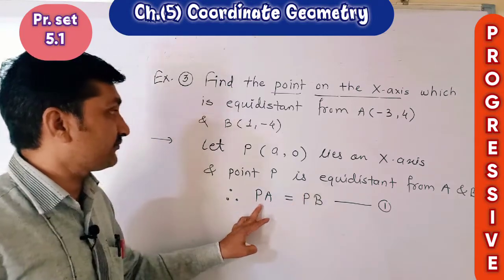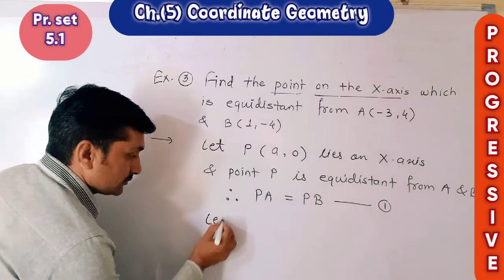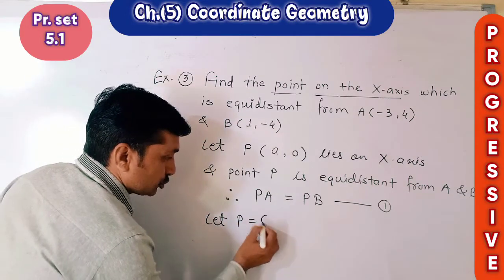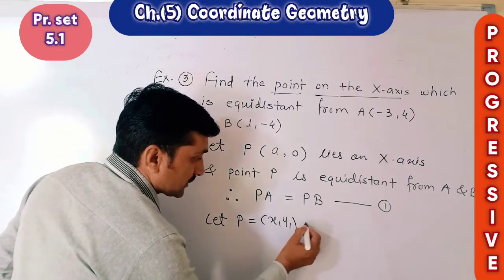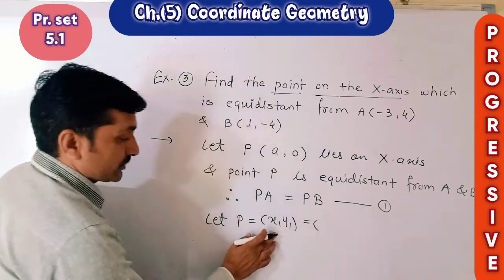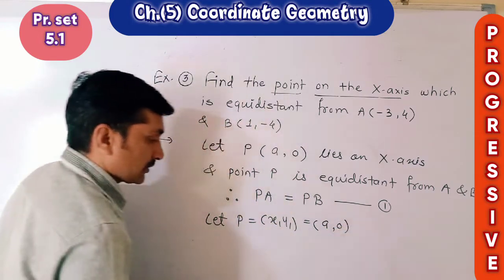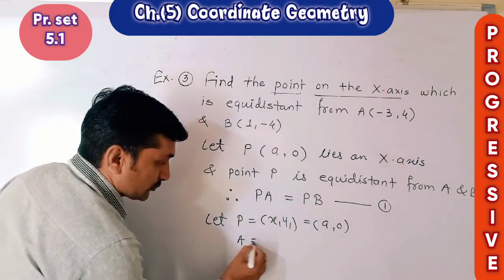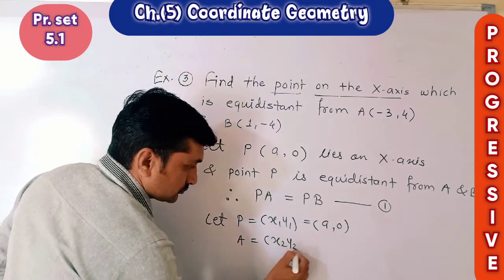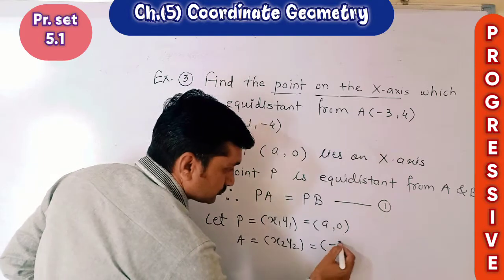Now let's find PA first. Let P = (x1, y1), and the coordinates of point P are (a, 0). A = (x2, y2), and the coordinates are (-3, 4).